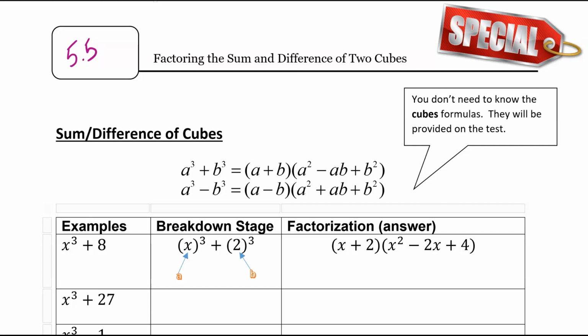So, a sum of cubes looks like this. Notice that it is a binomial and its terms are perfect cubes.